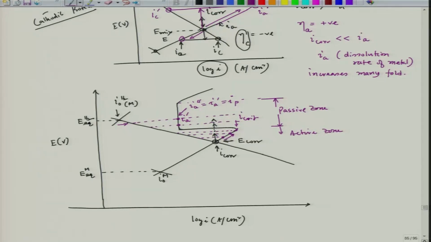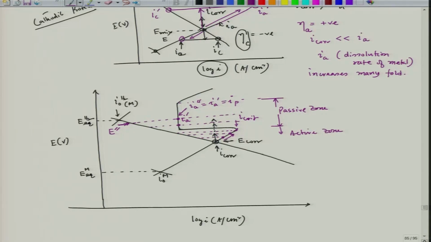Now, if I can keep the potential at this location, let us say this is E prime, E double prime, if I keep E double prime, corresponding to I double prime, then I could see that the corrosion rate of the metal would always be the same as the I passive.